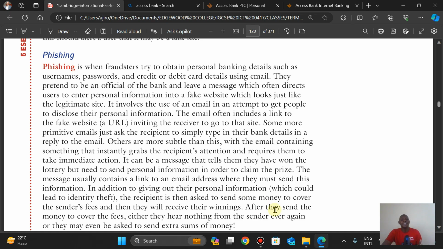It can be a message that tells them that they have won a lottery. I remember one time years back, when they sent a message to my mom that she had won 6 million on the Gala promo, because she had a store then, and she was so excited, like, "Son, I've won 6 million."